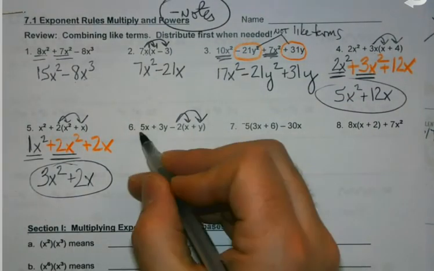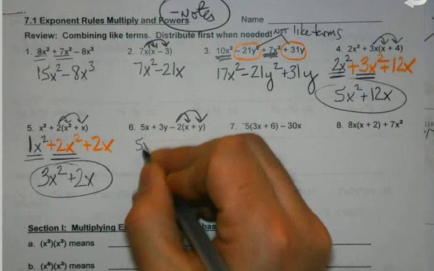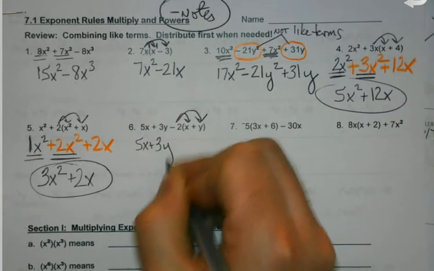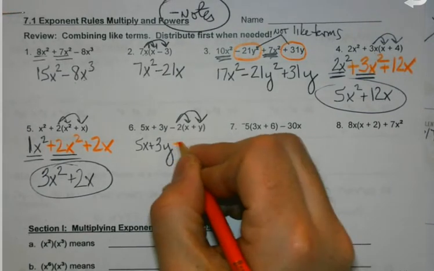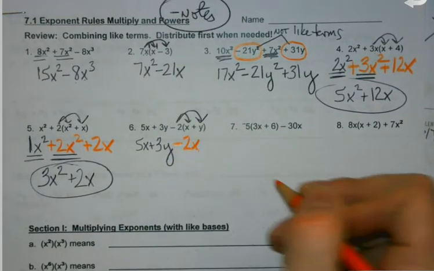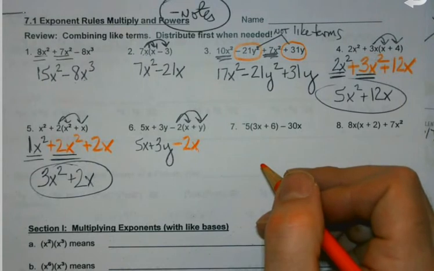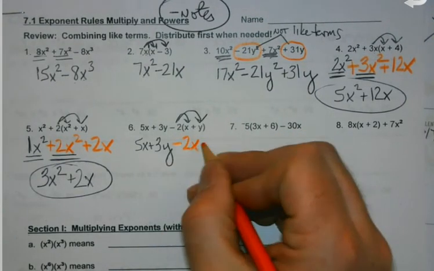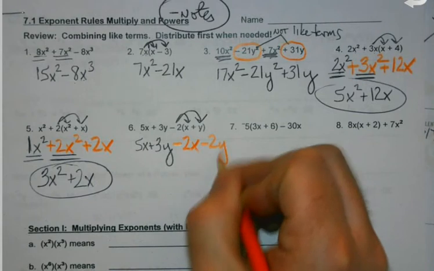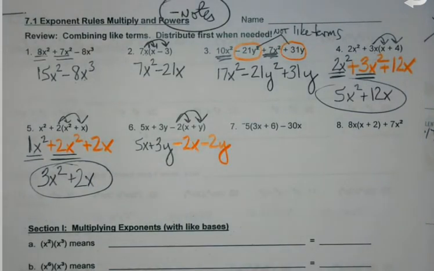So this other stuff, the 5x and the 3y, they just stay the way they are. What's the rest of my problem going to look like once I distribute? Yeah, we're still multiplying the negative 2, so it's negative 2y. Okay, that negative 2 goes to every term in there.